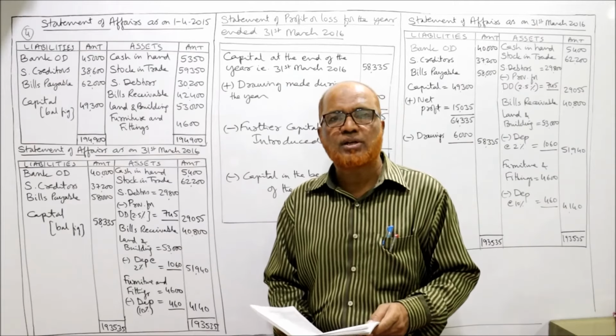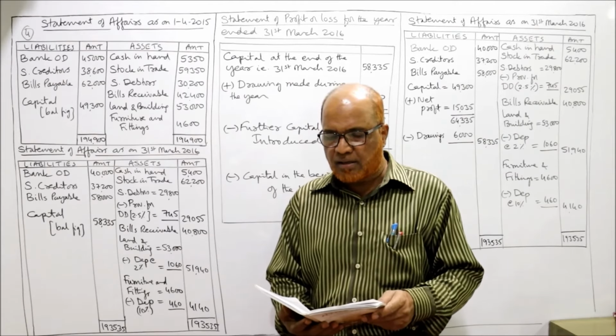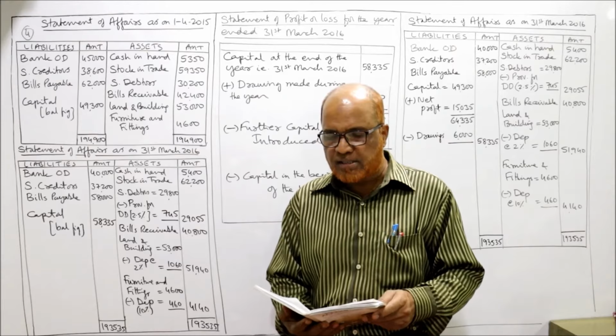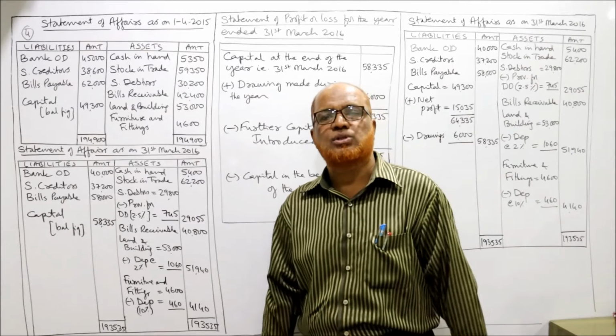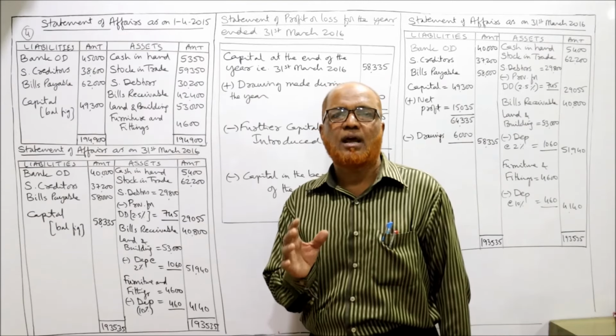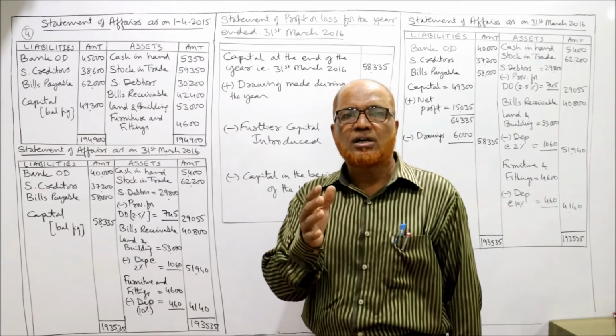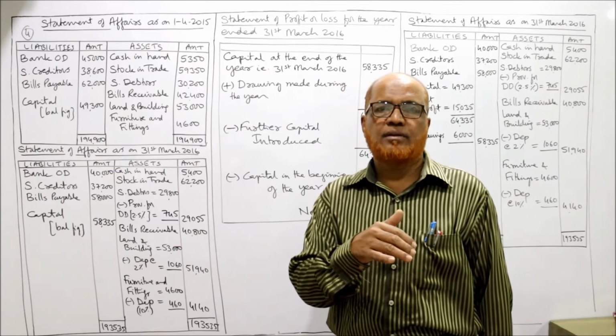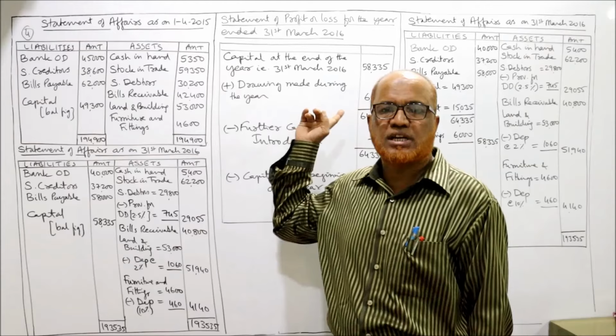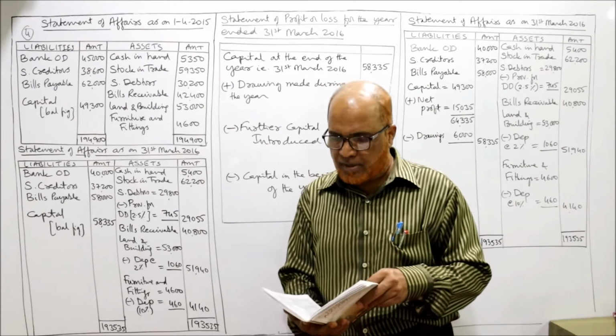Some additional information is given. During the year, drawings during the year amounted to 6,000. This drawing will be added to capital at the end of the year in the statement of profit or loss.